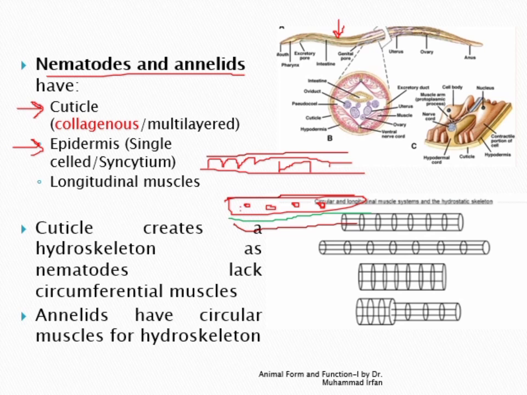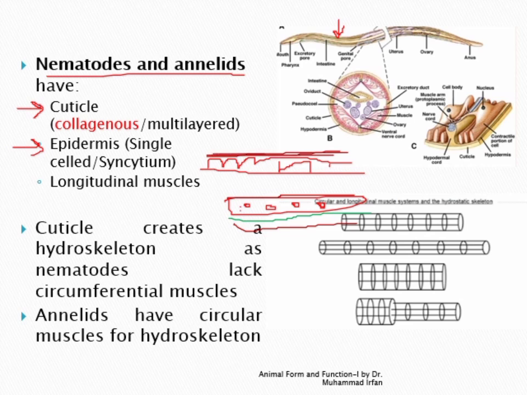Their cuticle has mostly protein fibers, collagenous fibers. Collagen is a protein, and these collagen fibers are laid down by the epidermal cells on their surface to make a multi-layered cuticle for protection.